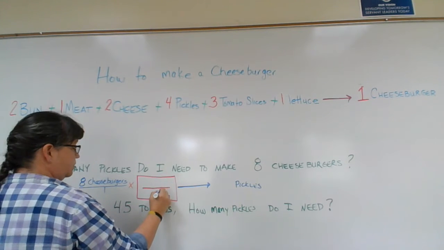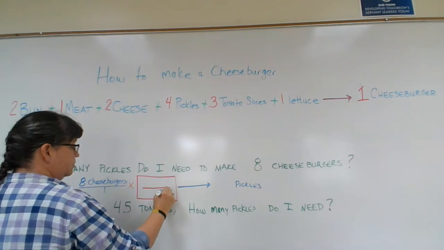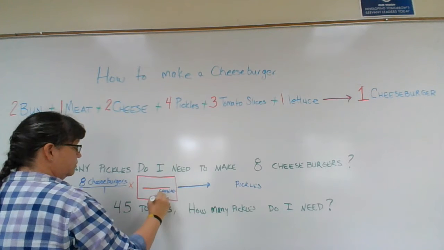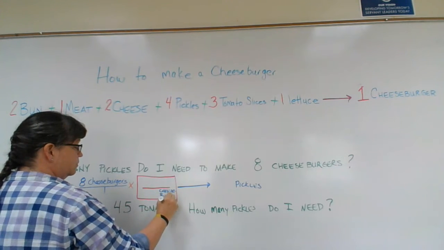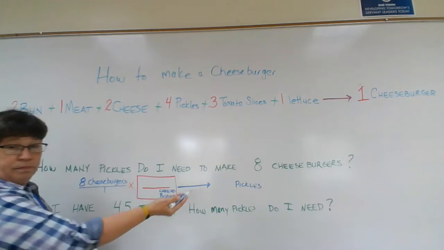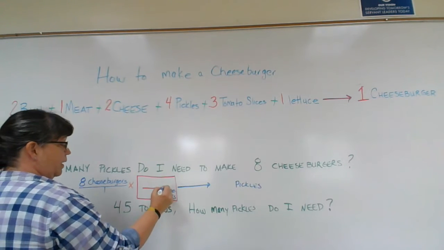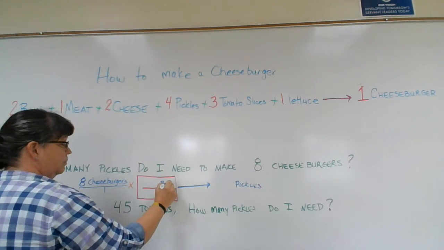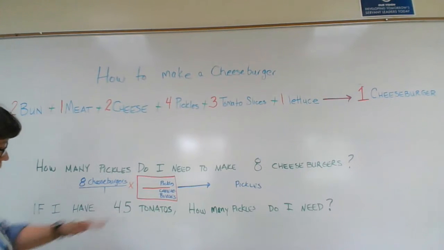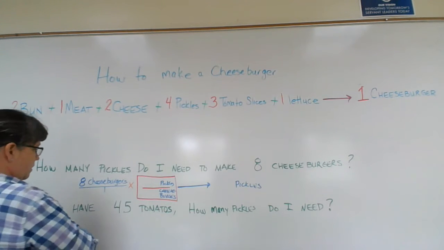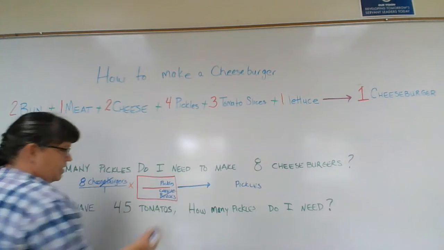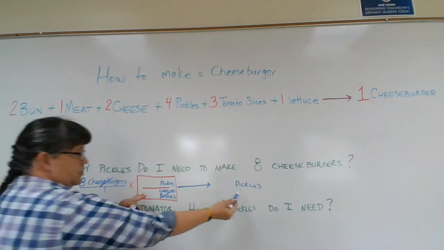Cheeseburgers. And what I'm looking for, my pickles, I'm going to put in my numerator. So I can cancel out numerator and denominator. I'm left with pickles, which is a good unit.